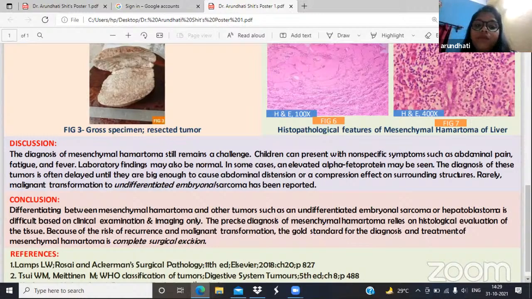Differentiating between mesenchymal hematoma and other malignant tumors like hepatoblastoma or embryonal sarcoma is difficult based on clinical examination and imaging only. The precise diagnosis relies on proper histopathological examination. Because of the risks of recurrence and malignant transformation, the gold standard for diagnosis and treatment is complete resection of the tumor. So here I end. Thank you for listening.